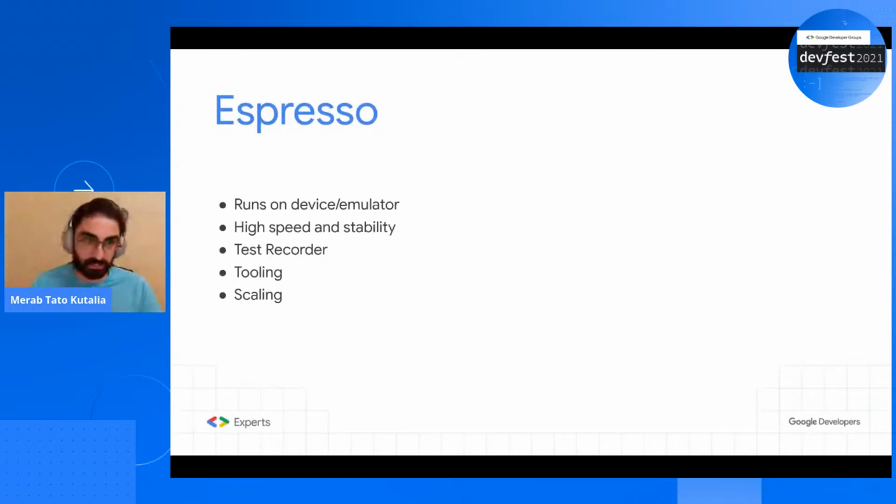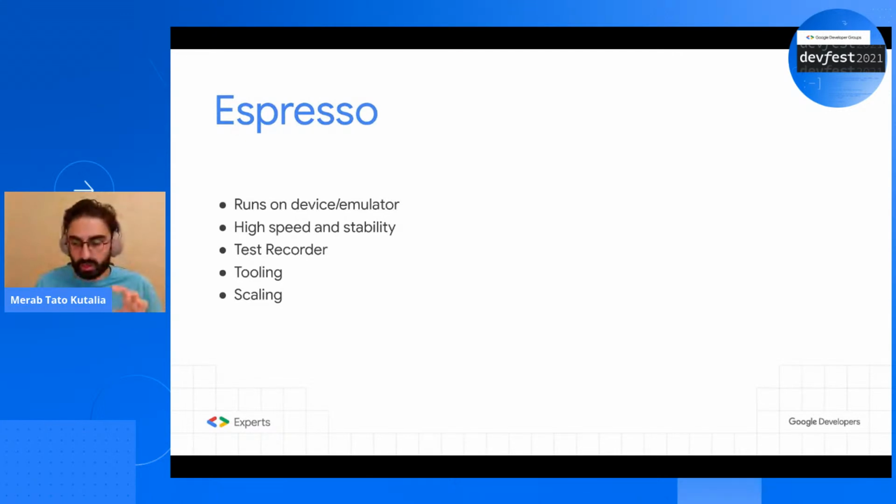But still, Espresso is very stable in terms of flakiness, and it's very fast compared to, for example, Appium. It's maybe 2-3 times faster in terms of test running performance. Why do we have so much speed?